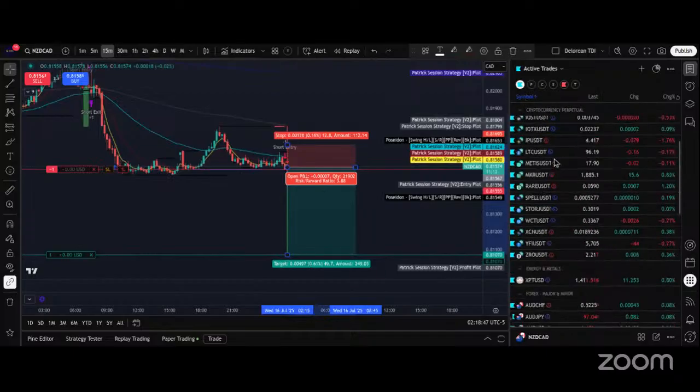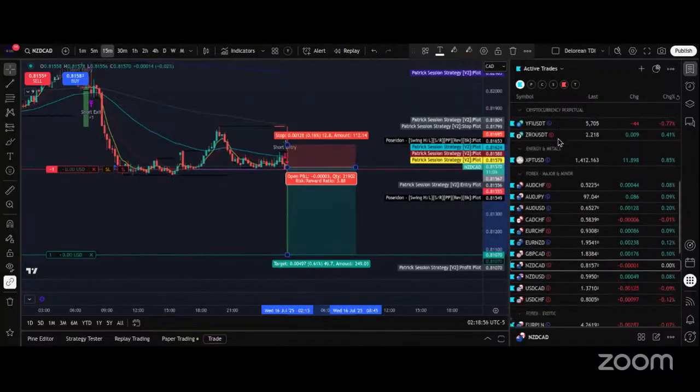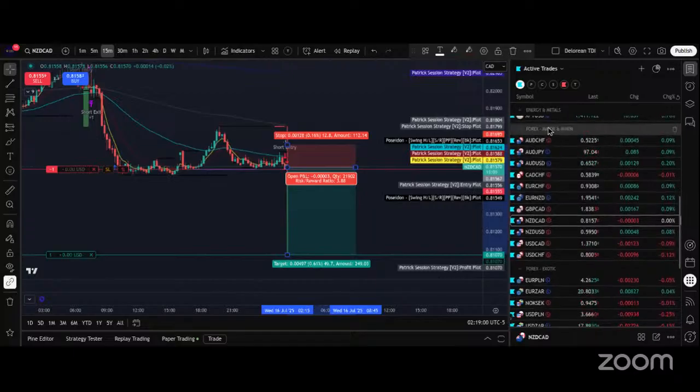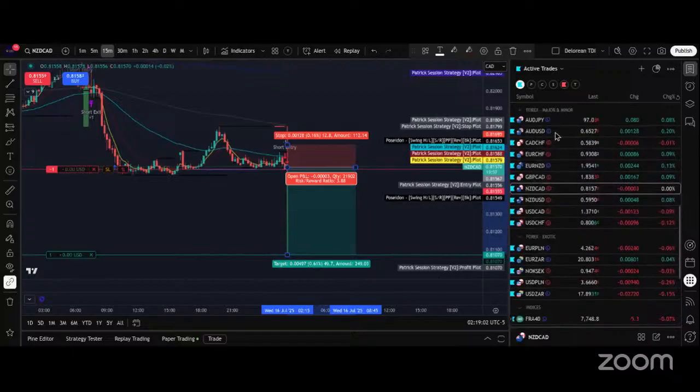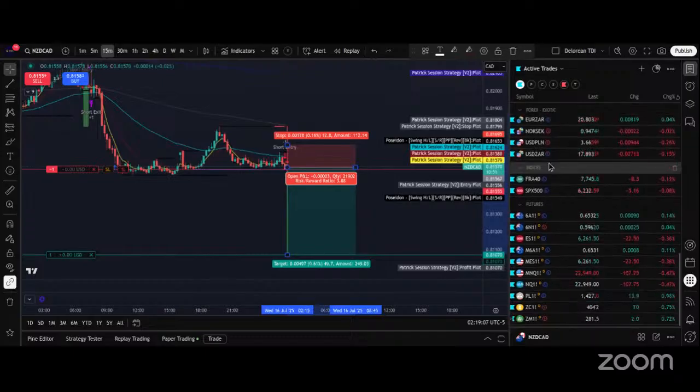Again, this is all by section for me. So I have crypto perpetual spot at the top, followed by crypto perpetuals, followed by energy and metals, followed by Forex minor and major pairs, followed by Forex exotic pairs, followed by indices, followed by futures. We currently don't have any open stock trades.